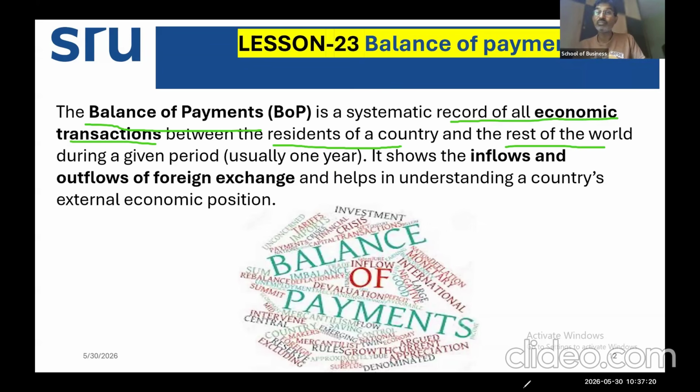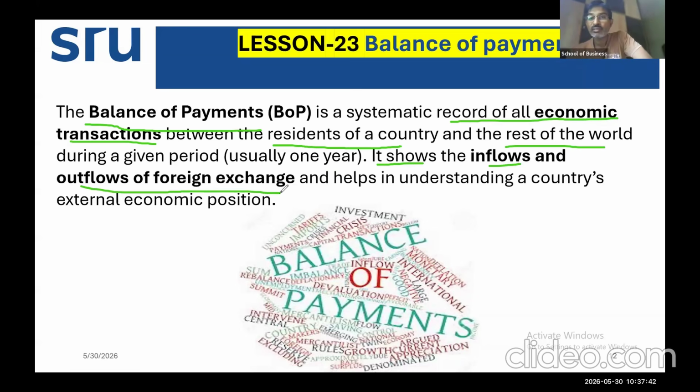Now, whatever the transactions between India and the rest of the world, what are those transactions? The inflow or outflow. Either you are exporting or you are importing. So in a given period of time, that we consider as the balance of payments. It shows the inflow and outflow of foreign exchange.